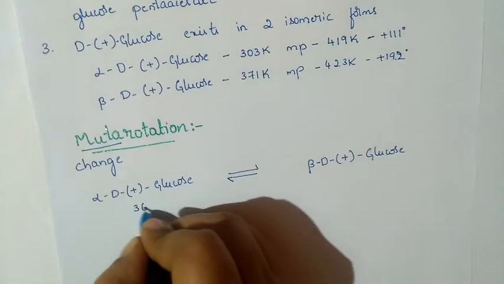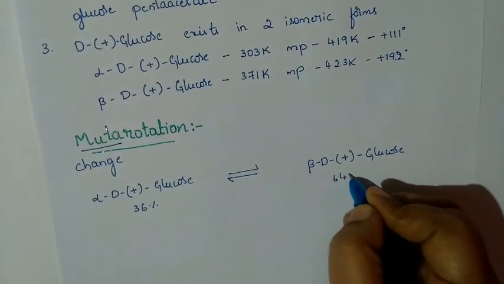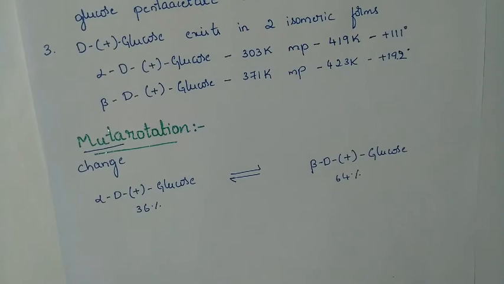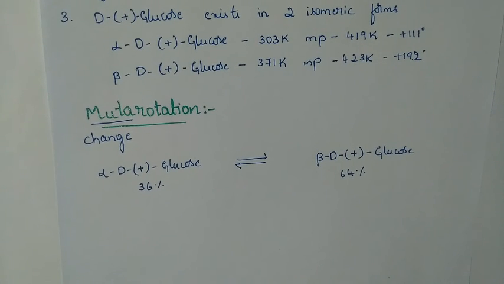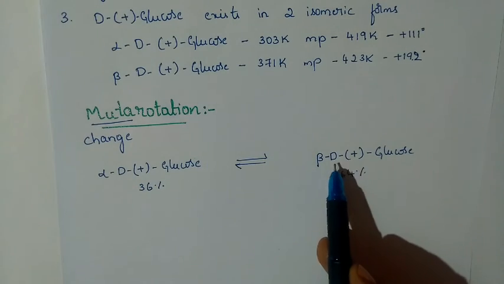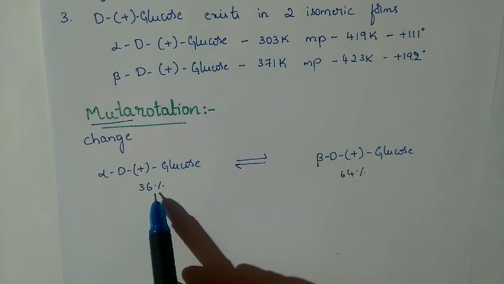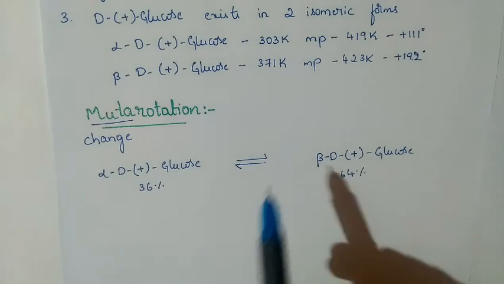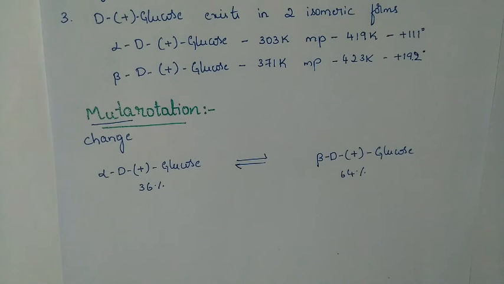So alpha D plus glucose has been converted to beta D plus glucose, and the solution attains equilibrium.